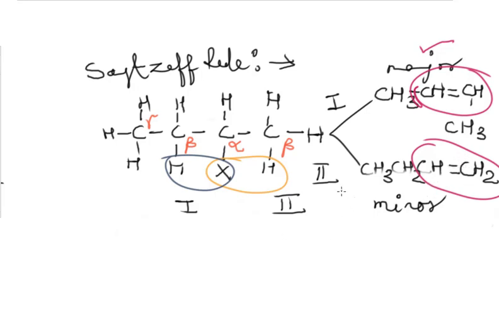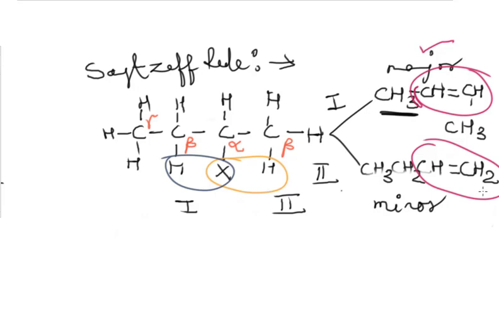In the major product, two alkyl groups are attached to the double bonded carbon atoms. CH3 means alkyl, this is the alkyl group, this CH3 is an alkyl group. So the two alkyl groups are attached to the double bonded carbon atoms. Now look here, this C is a double bonded carbon atom, one CH3, this is the alkyl group, it is attached here, and this is also a double bonded carbon atom, so another alkyl group is attached here.